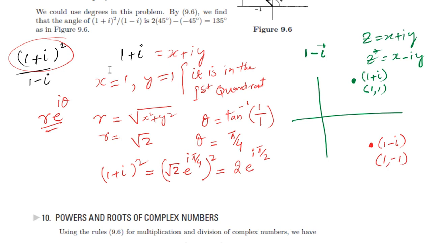So if it lies exactly opposite to this side, and this angle is pi over 4, as we have seen, or 45 degrees, then the angle for this one down below would be minus pi by 4.